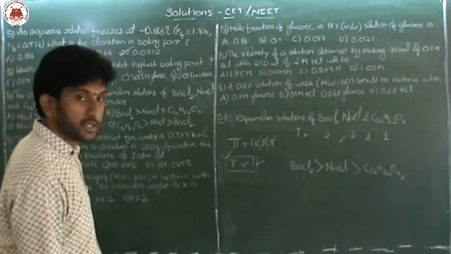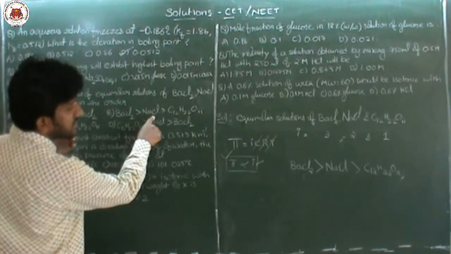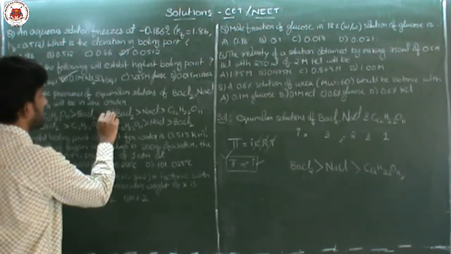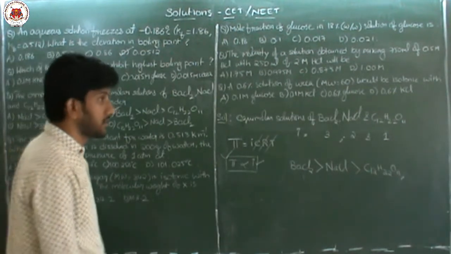So where is that option? BaCl2 higher than NaCl higher than sucrose. Okay, that is the answer.